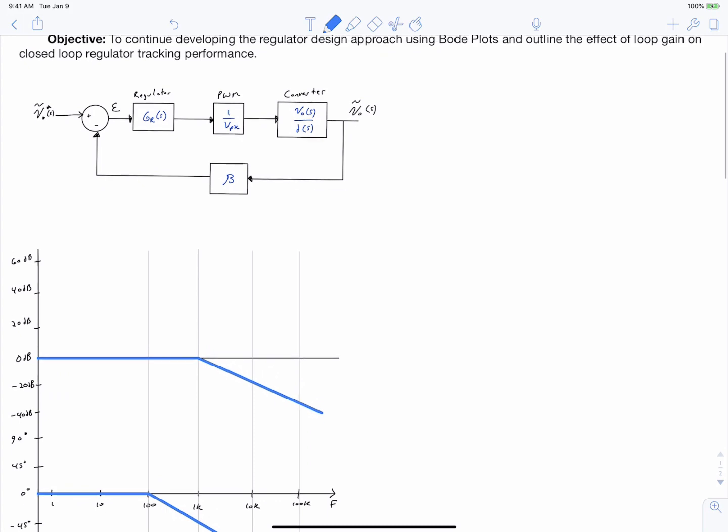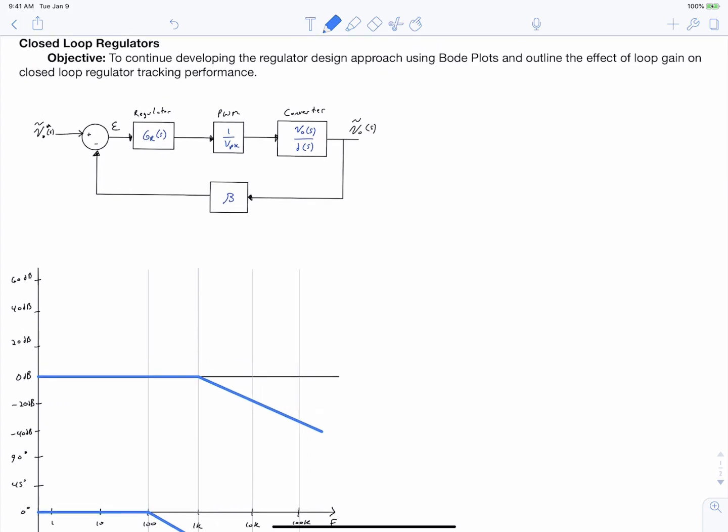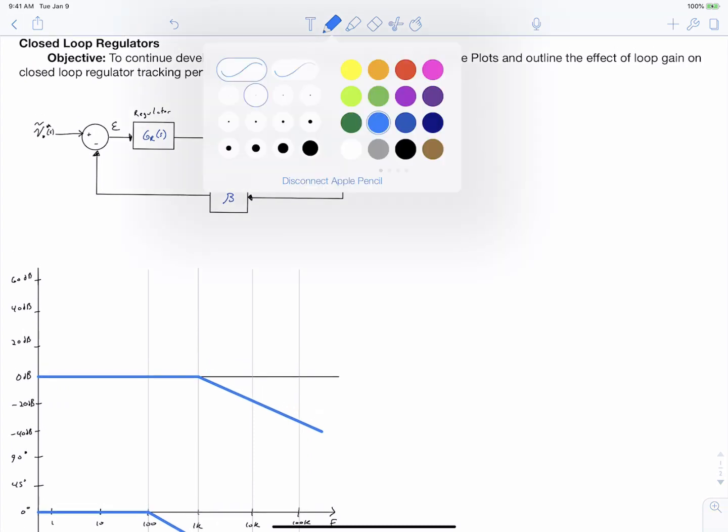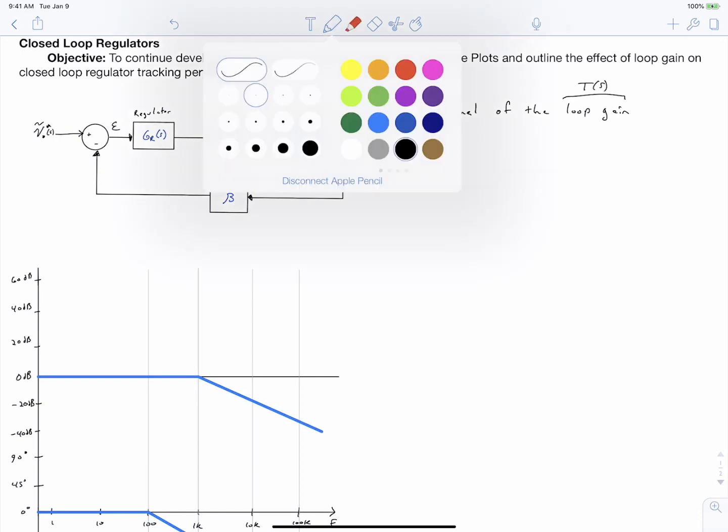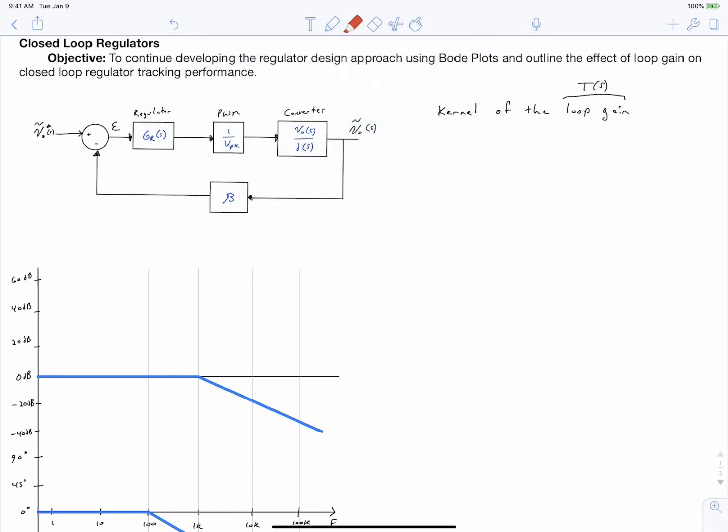First, back to the block diagram of our closed-loop regulator, we're going to define some new terminology. The new term is called the kernel of the loop gain. If you'll recall, we defined our loop gain as T of S, which was, if you start here where the error is and multiply your transfer functions all the way through and end up here, this whole path is T of S, or your loop gain.